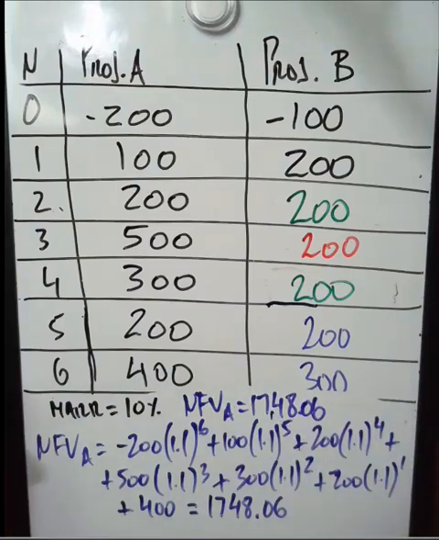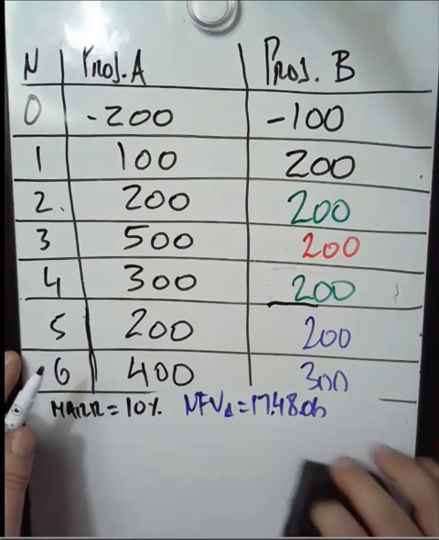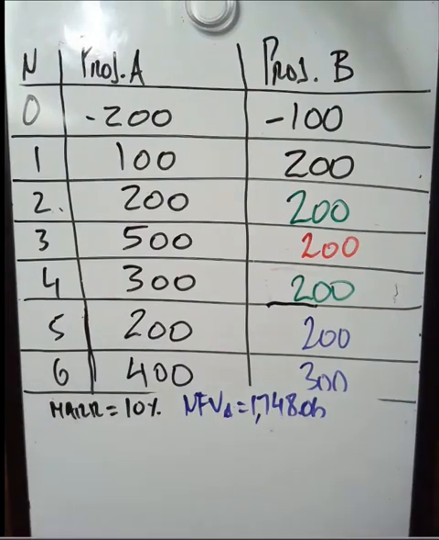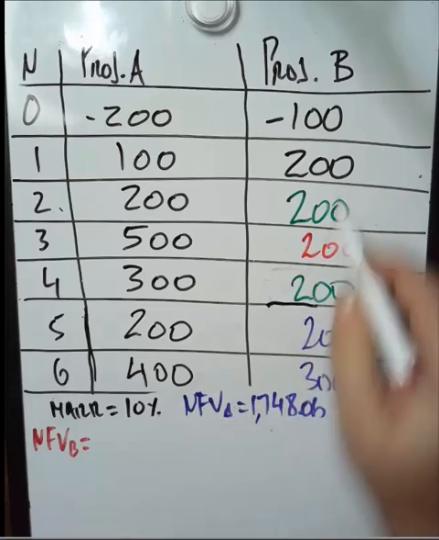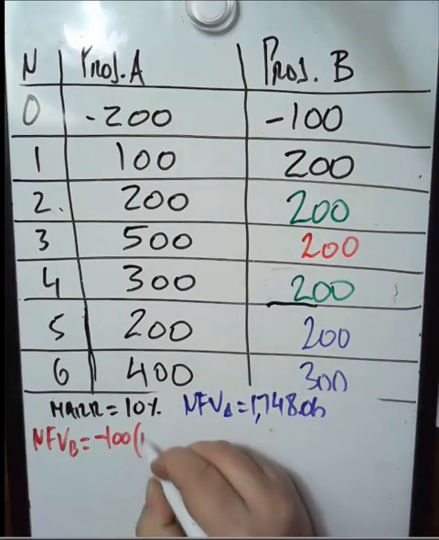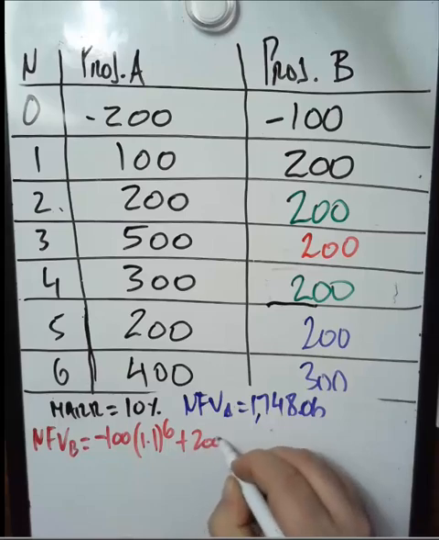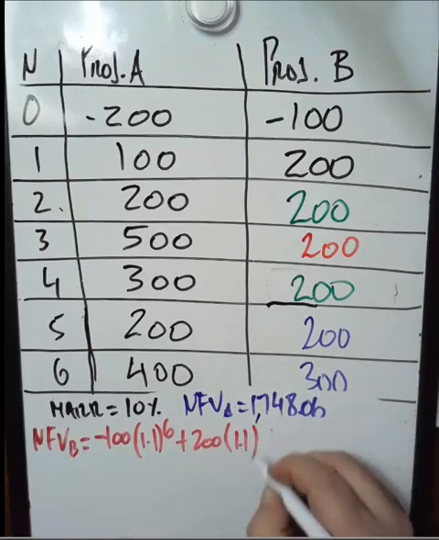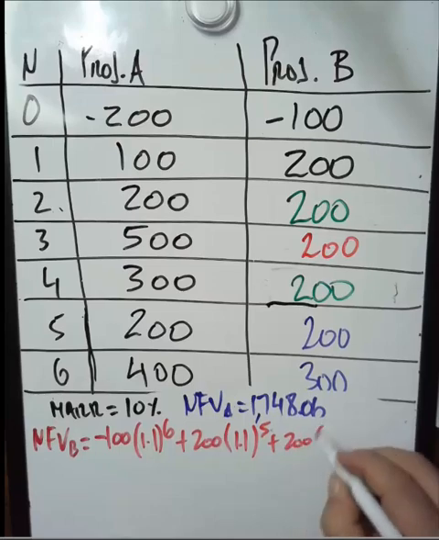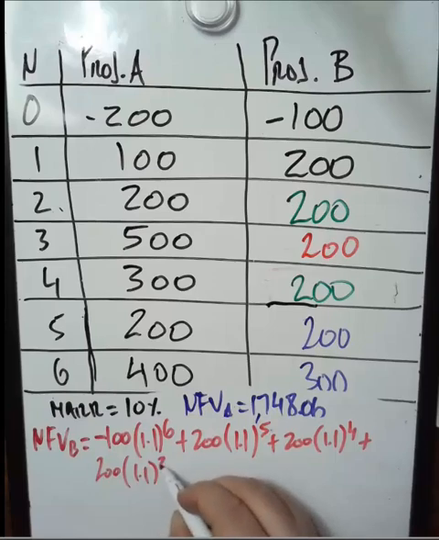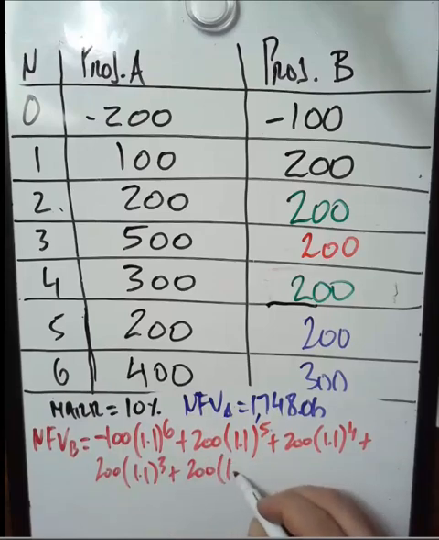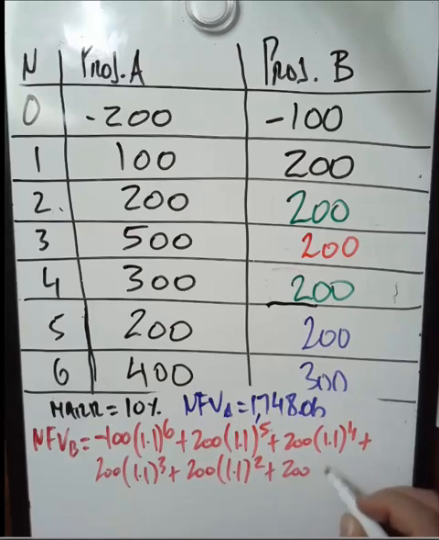Then you'll have to compute for B. You can pause the video if you want to see the computations with more time. So the net future value for project B would be negative 100 pushed forward 6 years, then 200 pushed forward 5 years, then the following 200 pushed forward 4 years, then the following 200 pushed forward 3 years, and then the following 200 pushed forward 2 years, and then the 200 at year 5 pushed forward 1 year, and then the 300.